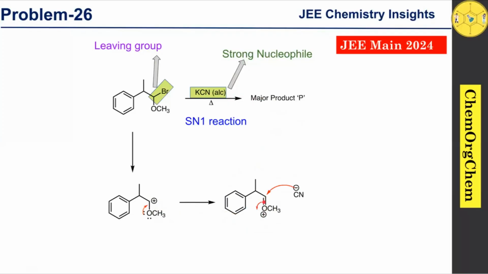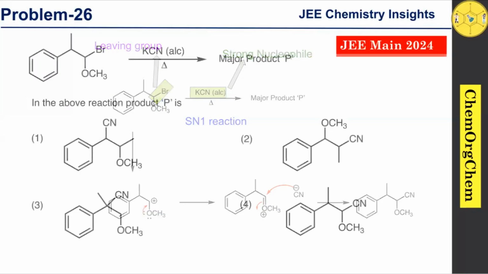The pi electrons move towards the oxygen atom since oxygen has positive charge, resulting in the generation of this substitution product. The important point is that the methoxy group stabilizes this carbocation by lone pair donation. Therefore no rearrangement takes place, and cyanide directly attacks this carbon, generating this substitution product.